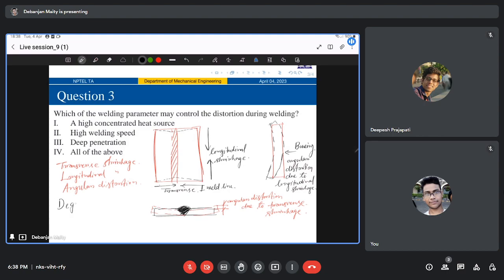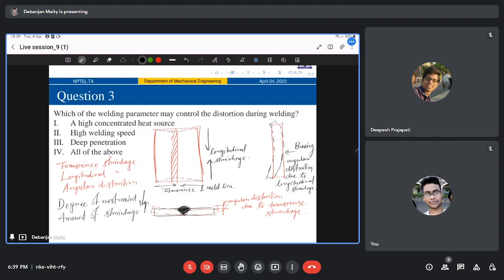This is the ultimate thing, right? Whenever you are decreasing the degree of restraint, the amount of shrinkage will increase. Agree?